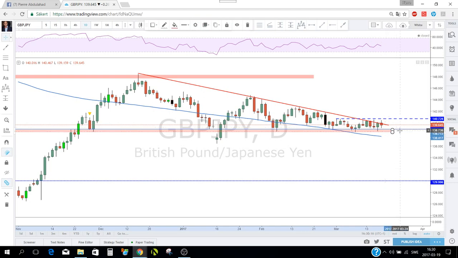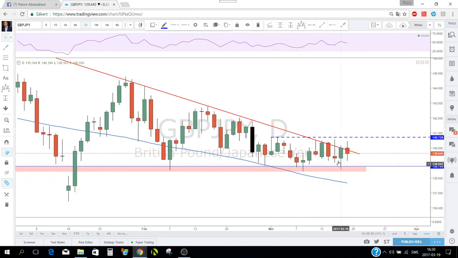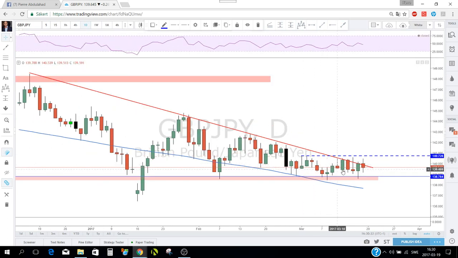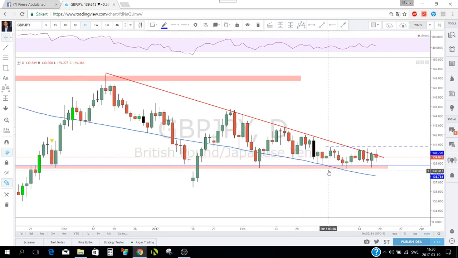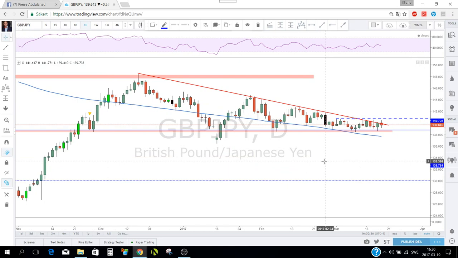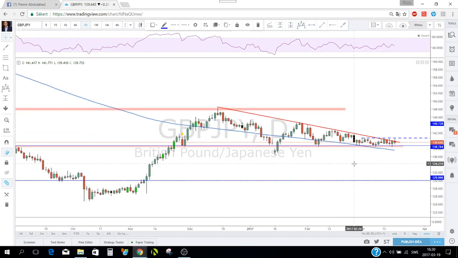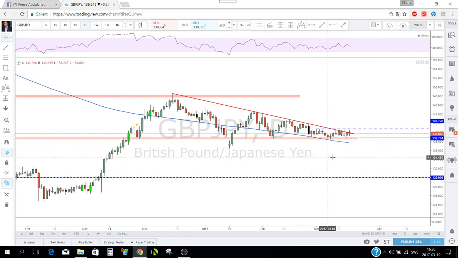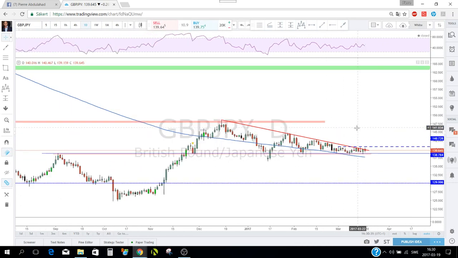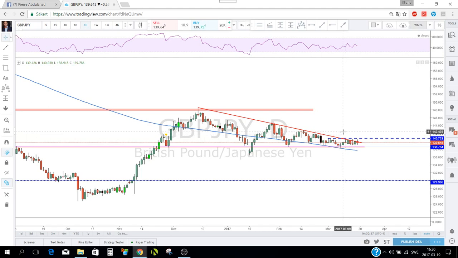As you see, let me make this a little bit more clear. This level is still holding here, and the price is getting very contracted. So it looks more and more like a possibility maybe for another break to the upside.